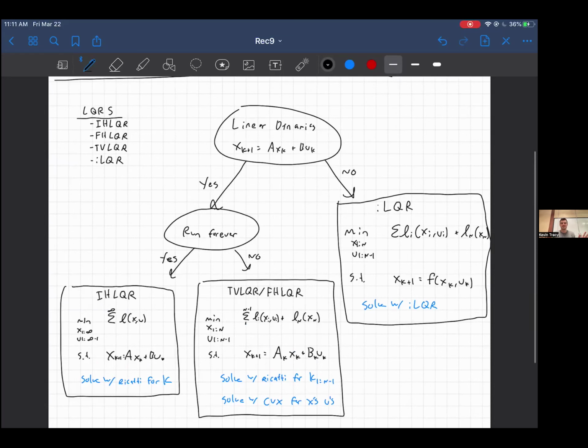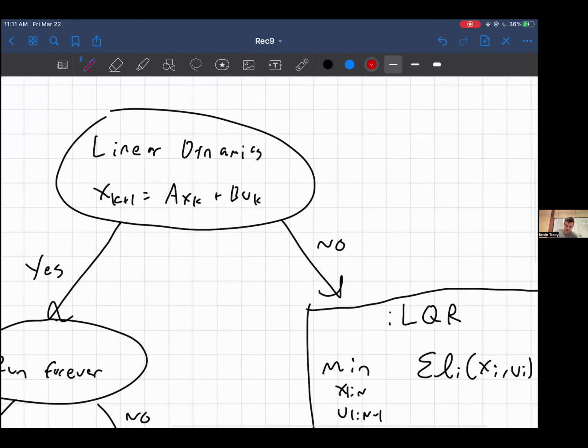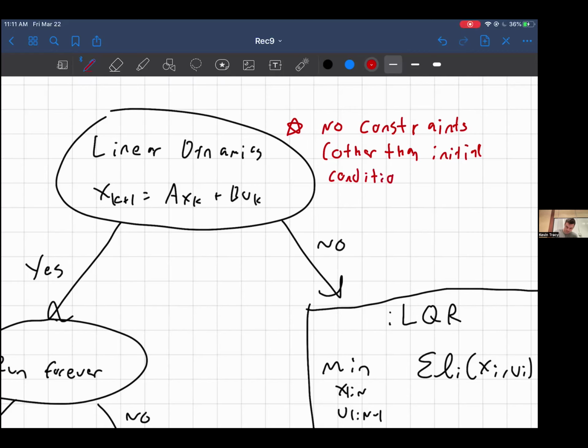So this should, I guess, in some way put it in your head as to where to actually place these things. So the assumption is linear dynamics and no constraints. So I will add asterisks here. No constraints other than initial condition and dynamics.